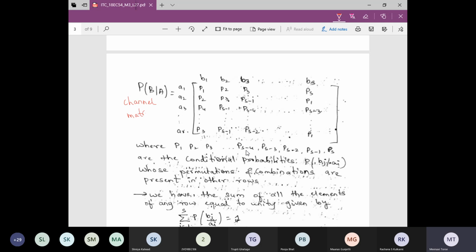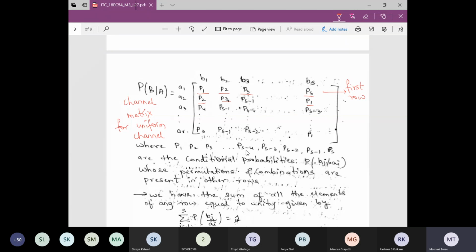So this is a generalized channel matrix for a uniform channel. You can observe the channel matrix elements. The first row elements are P1, P2, P3, and so on up to PS. If you observe the second row, it has the same elements P1, P2, P3, and so on up to PS, but the elements are rearranged in a different form.